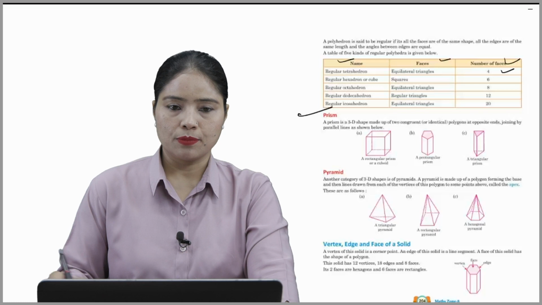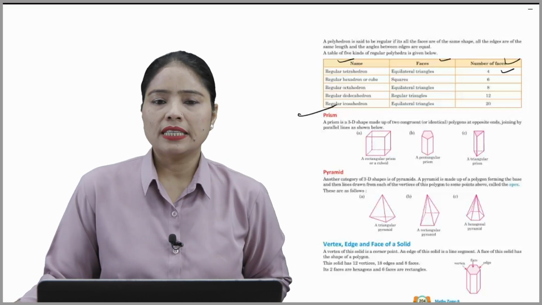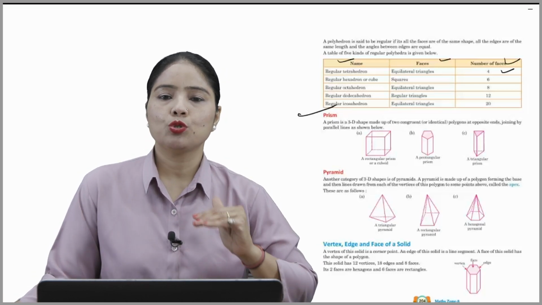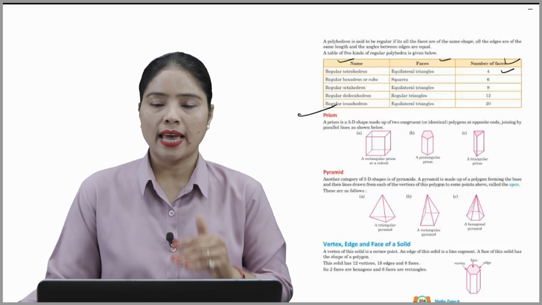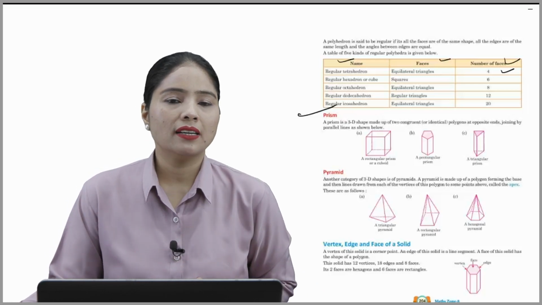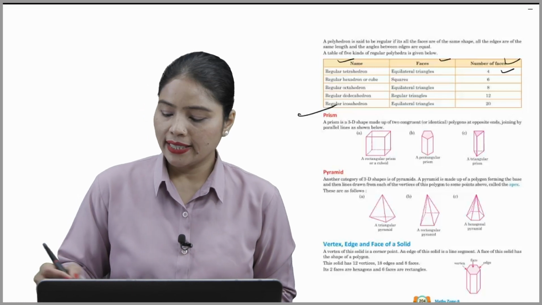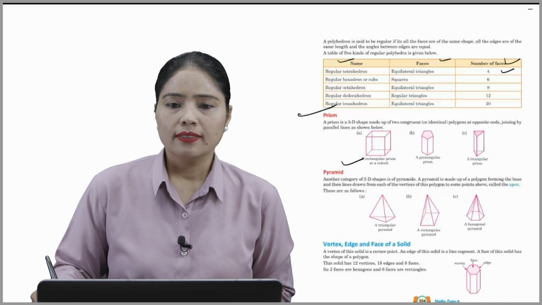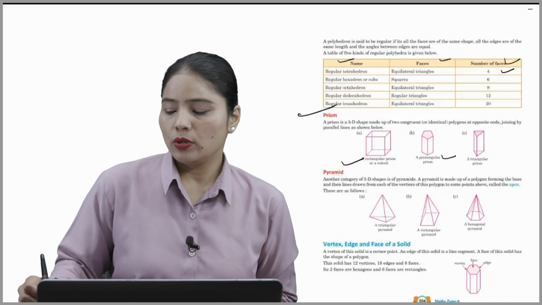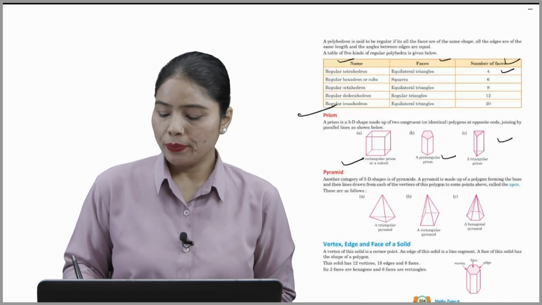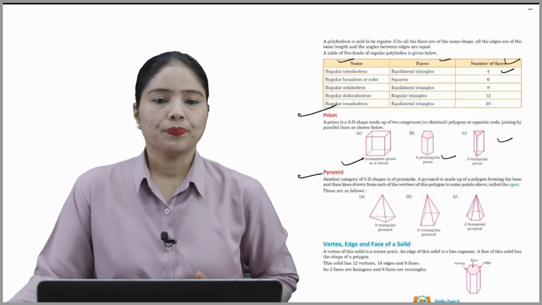Now see the prisms. So a prism is a 3D shape made up of two congruent or identical polygons at opposite ends joined by parallel lines as shown below, like that one. Okay, this is a pentagonal prism and this is a triangular prism, beta. Now pyramid क्या होते हैं? Let's see.